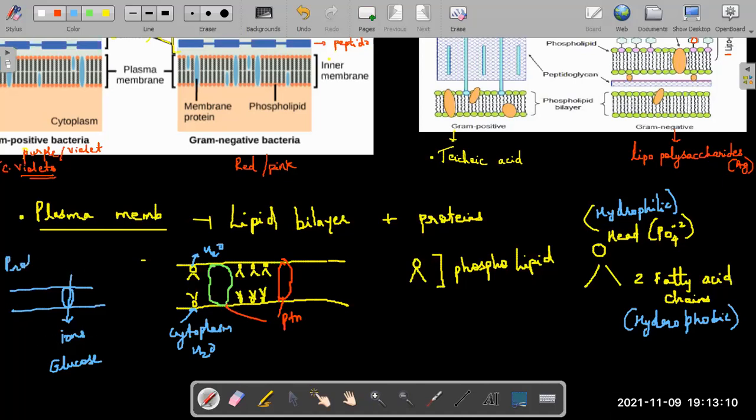So proteins act as transporters, ion channels. Proteins have many roles to play. They're also enzymes in nature. Some of the proteins also act as receptors, receptors of some hormones and all. So they also act as receptors, transport channels, enzymes.